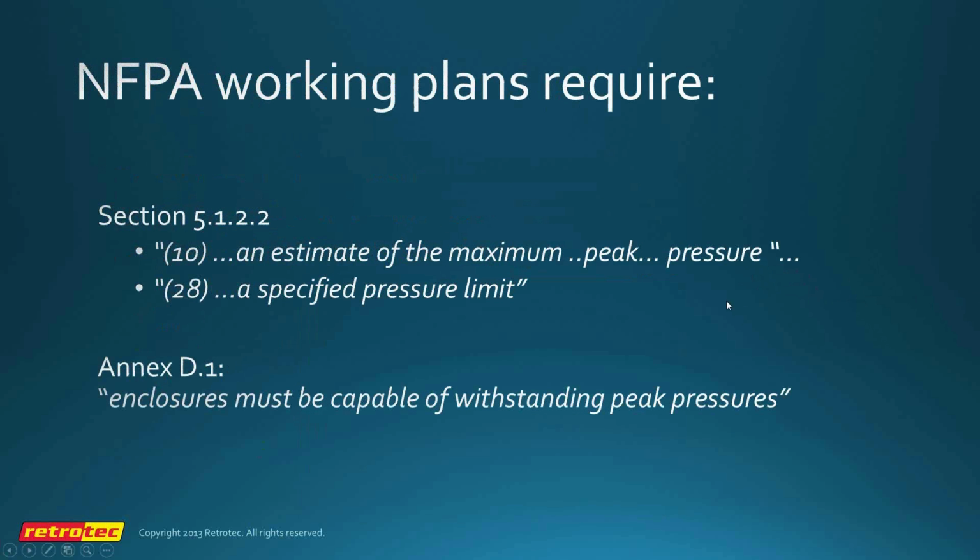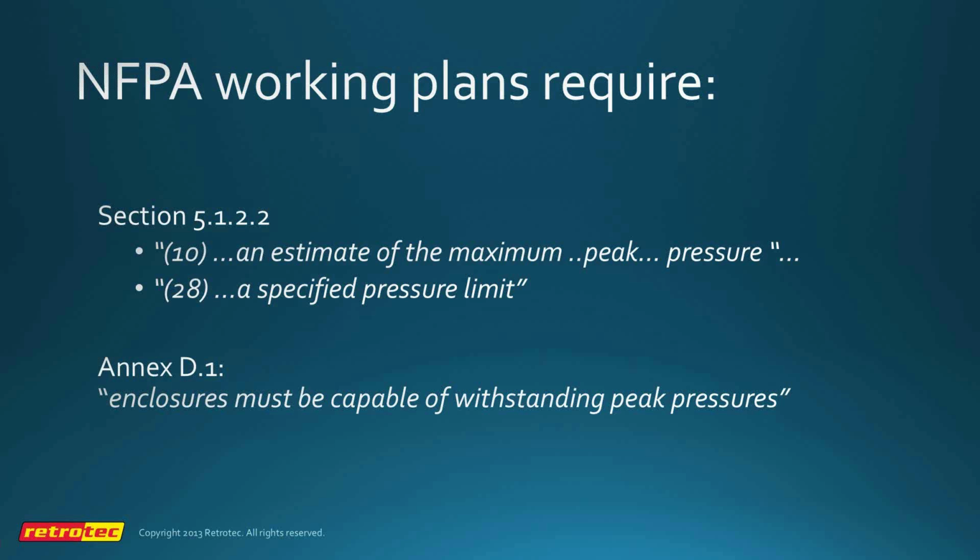There are changes in the NFPA working plans in section 5.1.2.2, or Annex D12, that you should be aware of: the standard does require the enclosure to withstand the peak pressure. This is really the big change that is being imposed upon the NFPA testers in the US, who basically have not really had to look at peak pressure.